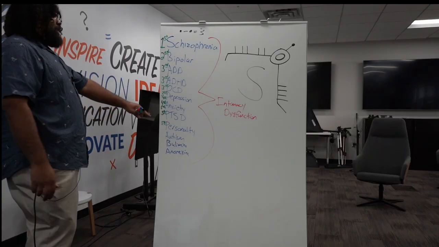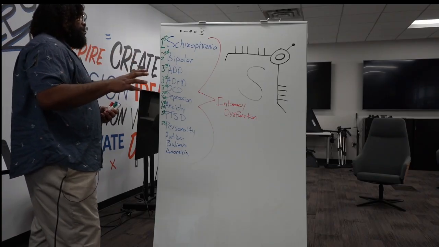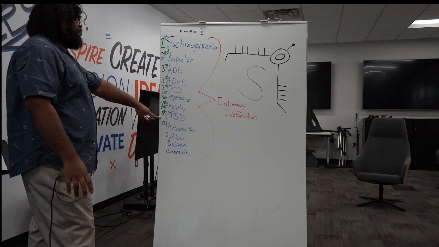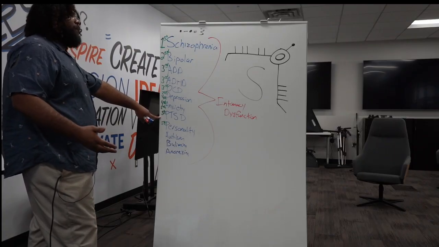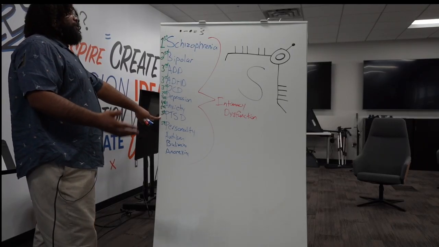And with PTSD, what will happen is that interpretation, instead of being the primary excitatory neurotransmitters, becomes associated with essentially a fear or fight or flight response, like adrenaline or something like that.